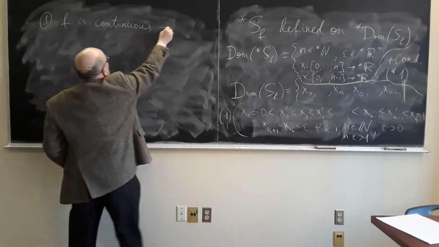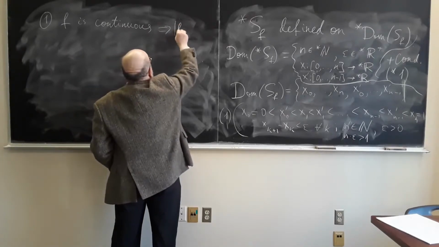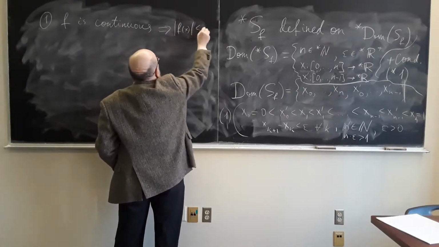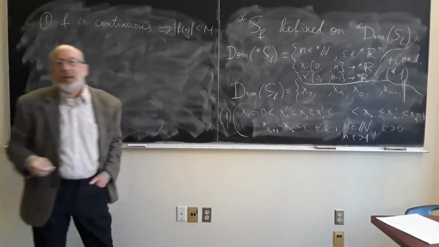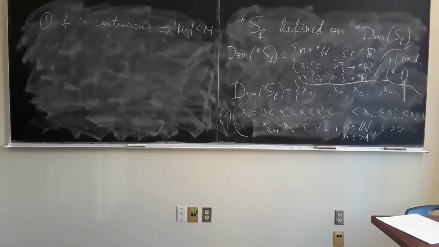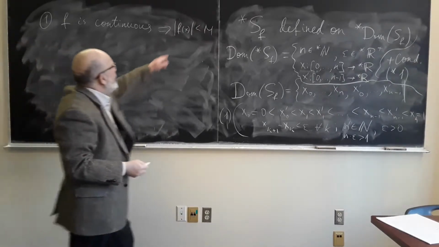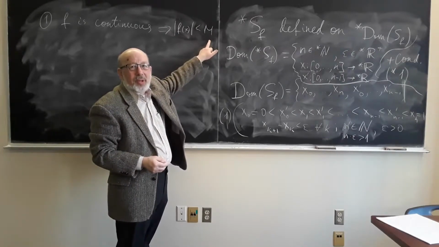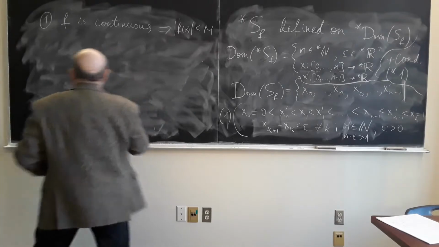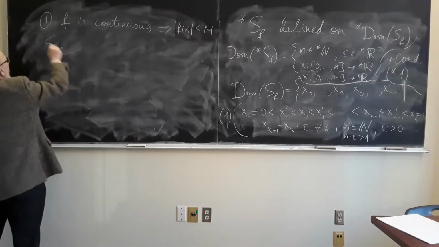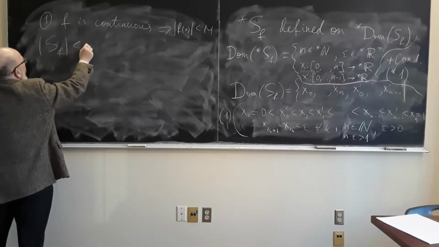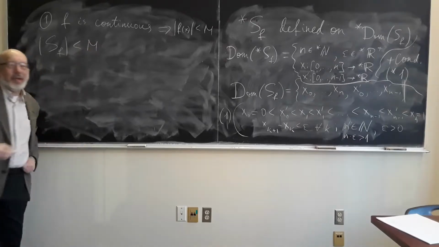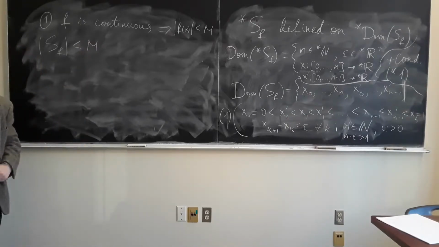This means that the modulus of f(x) is less than some n, so the function is bounded. If the modulus of f(x) is less than n, then the integral sum is also less than n. So SF is less than n for any partition.